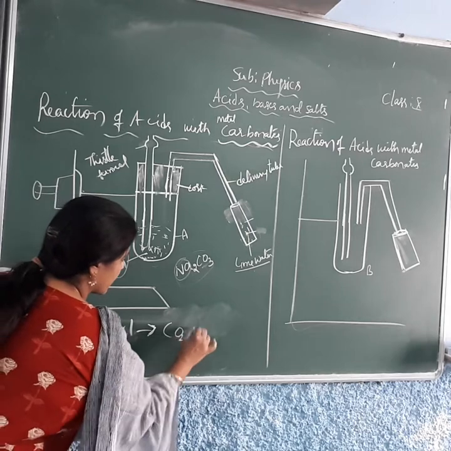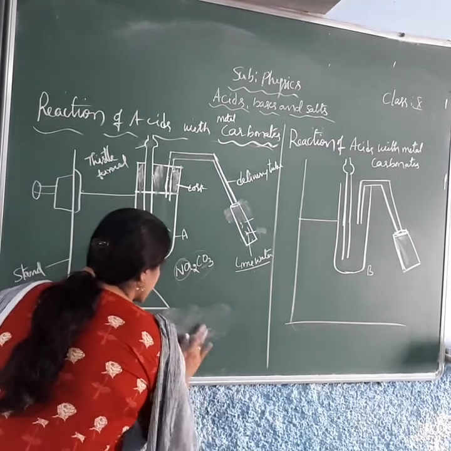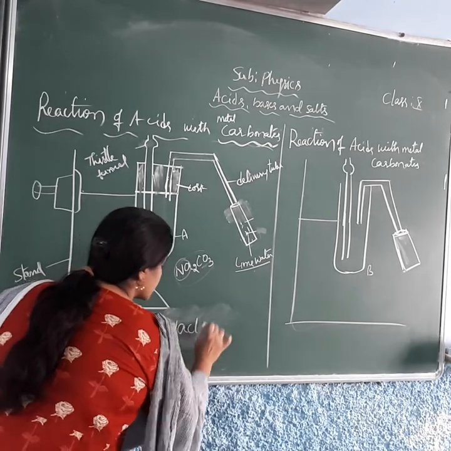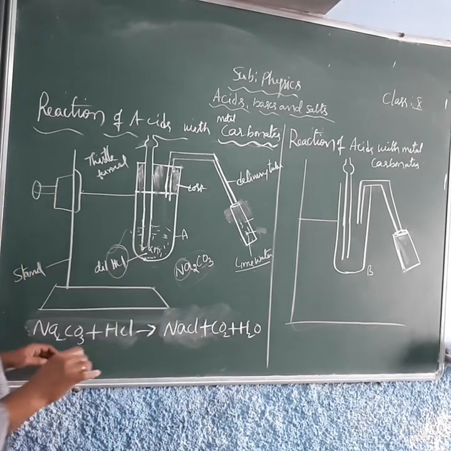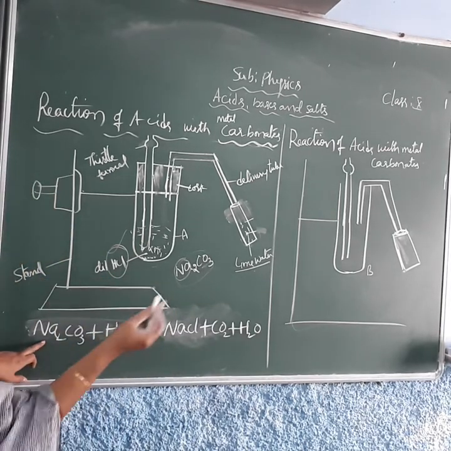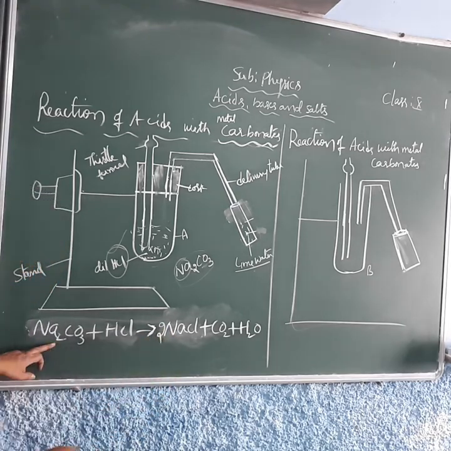We know that carbon dioxide is formed, and we get NaCl plus carbon dioxide plus water. Is this balanced or not? We will check. Na2 has two Na, so you must write 2 NaCl.